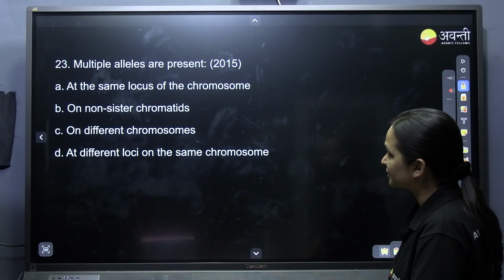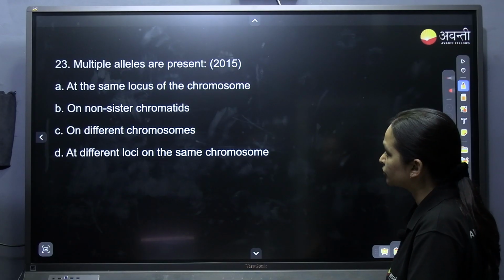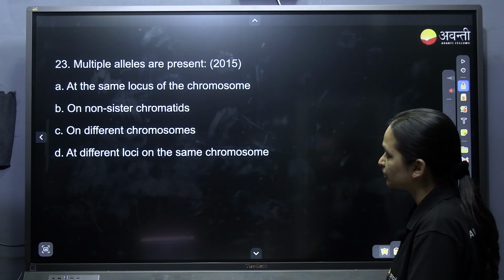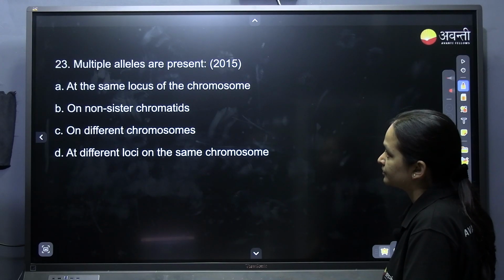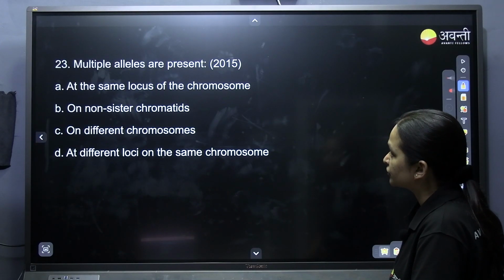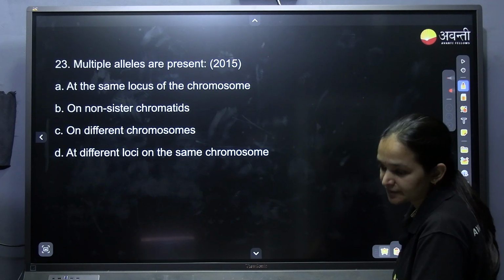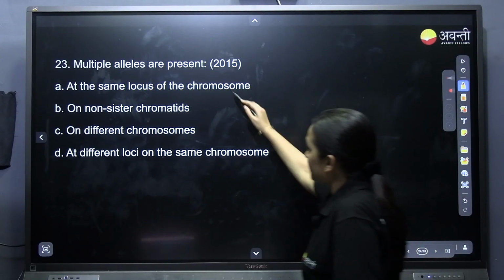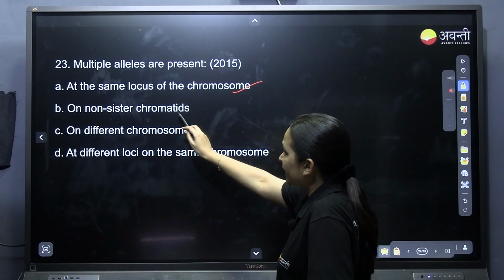Multiple alleles are present at the same locus of the chromosome, on non-sister chromatids, on different chromosomes, or at different loci on the same chromosome? Tell me. Option A, at the same locus of the chromosome. Yes.